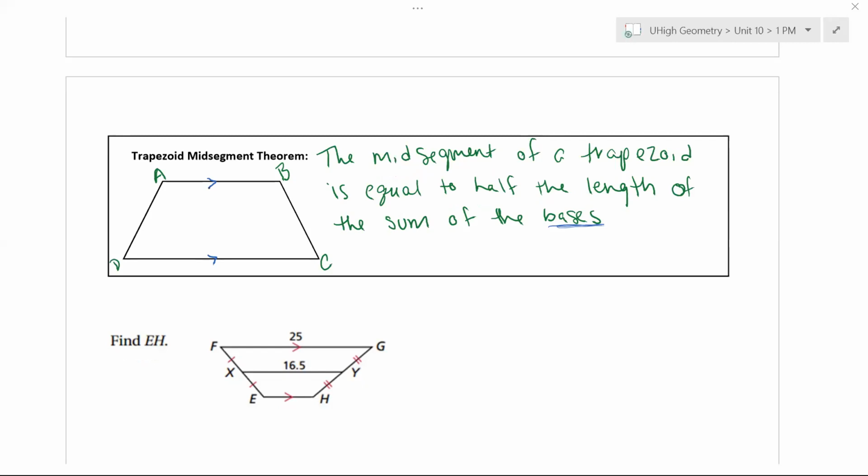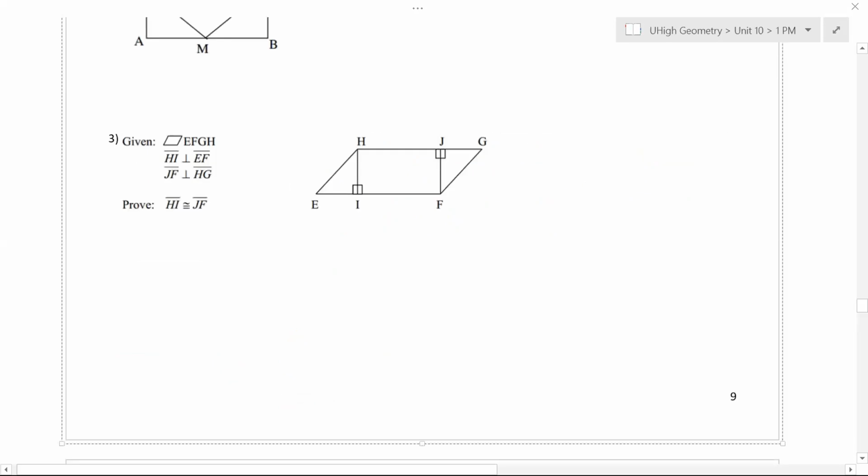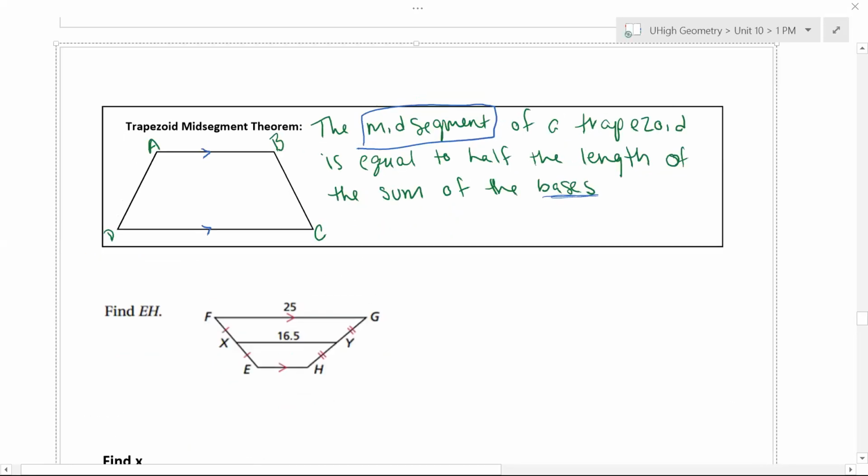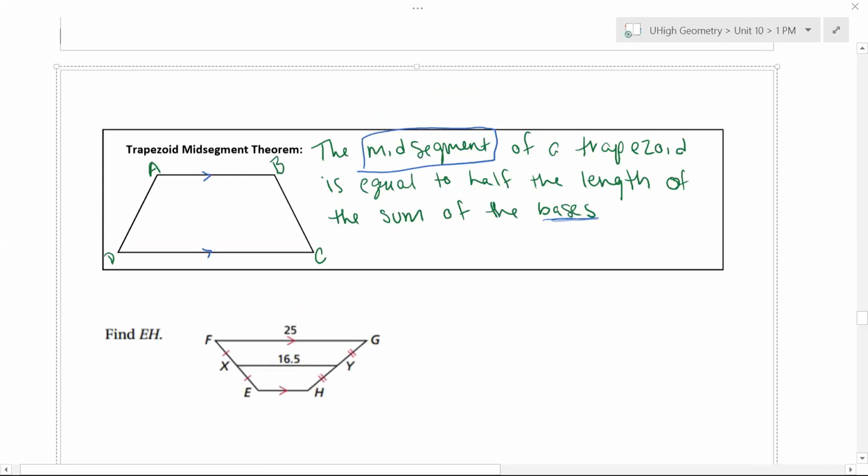Then we have this term mid-segment. We've heard it before, but we haven't talked about it yet with quadrilaterals. The mid-segment is the segment that connects two midpoints on a shape. So any shape, any segment, anything like that.